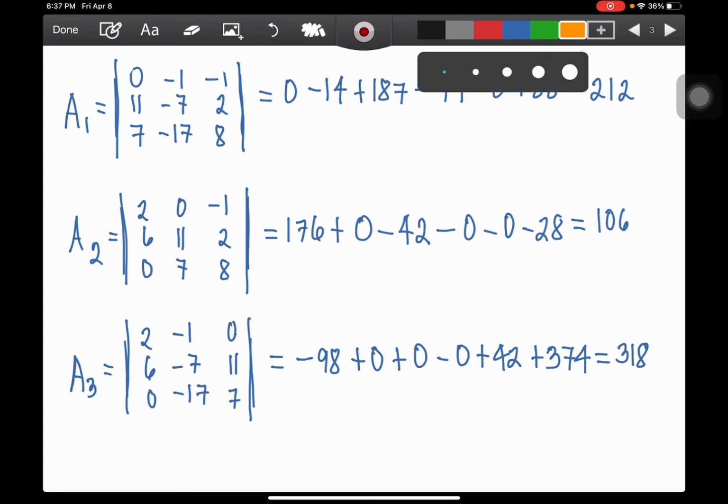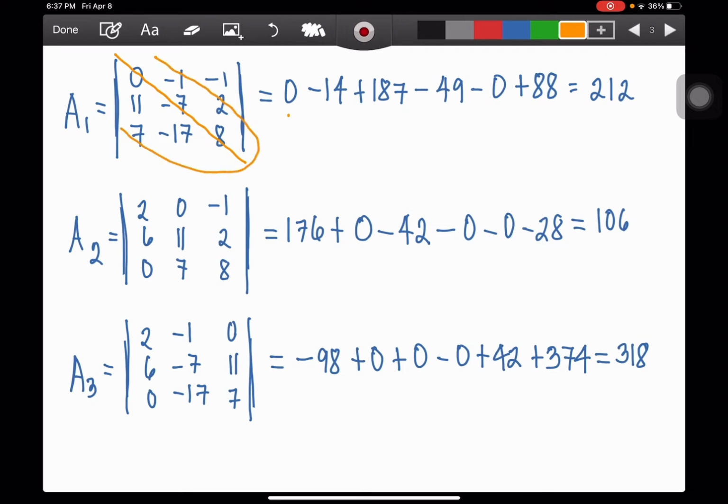Okay, so let's do the basket weave. Alright, so this is 0 times negative 7 times 8 is 0. Then we have negative 1 times 2 times 17 is negative 34. And then positive 11 times negative 1 times negative 1 is 11.